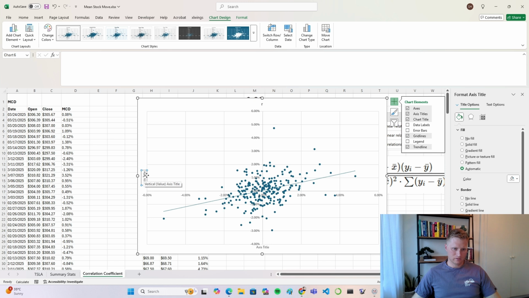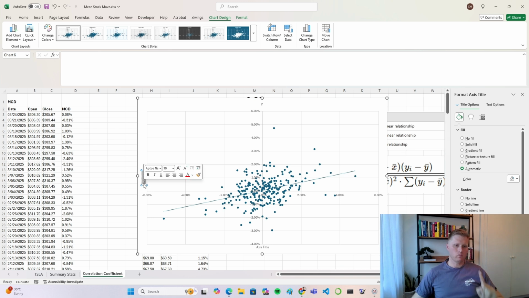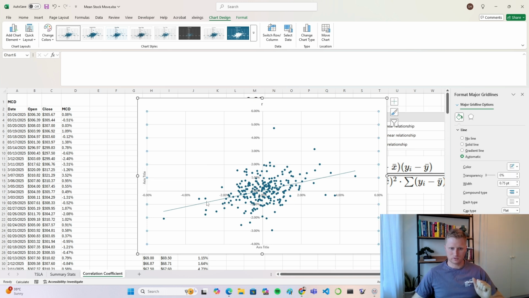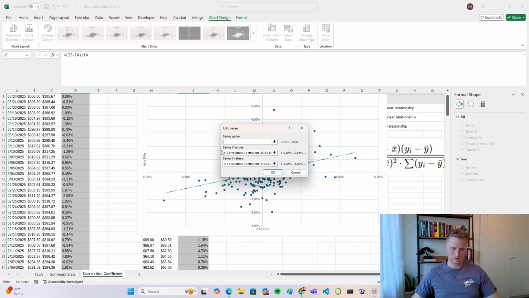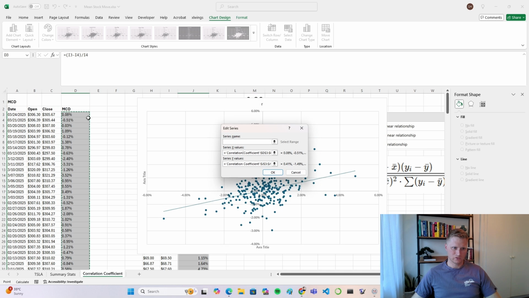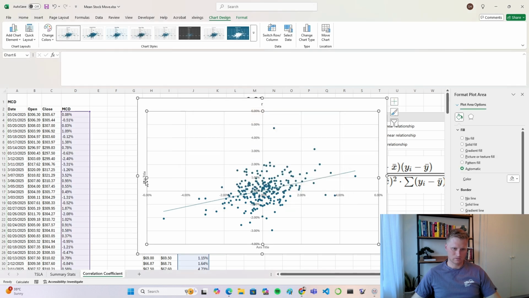So the y-axis is, well, it depends what data I selected first, doesn't it? So maybe I should have a look at that first. Select data, edit. So the x-axis is McDonald's, the y-axis is Coke.